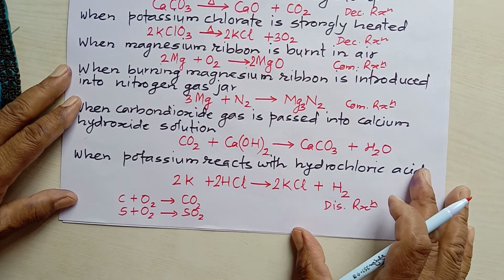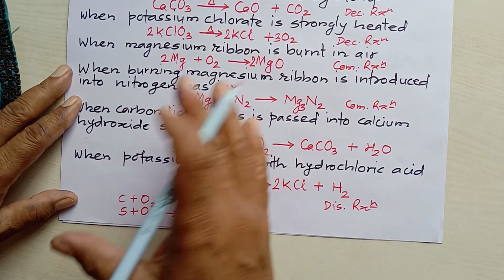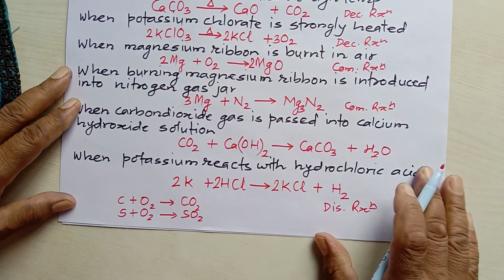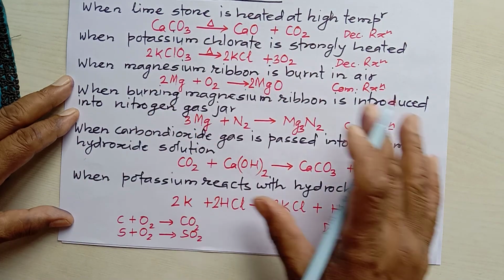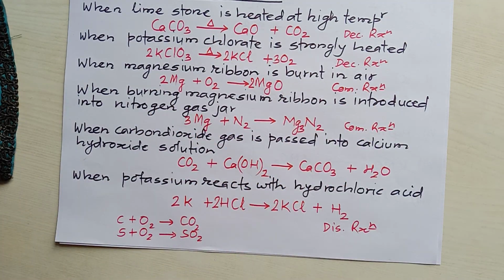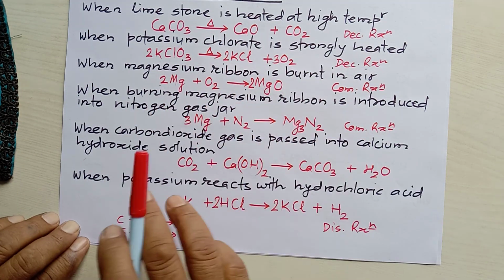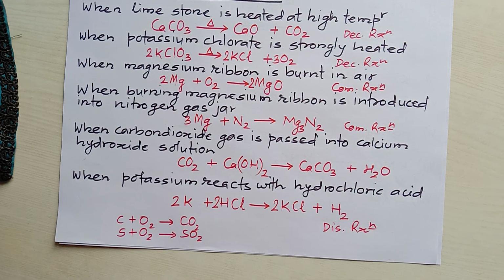These are very easy questions. In the same way, there may be others also. We can write in words, in sentences, and we have to write the balanced chemical equation of these conditions. Okay, this much for today.